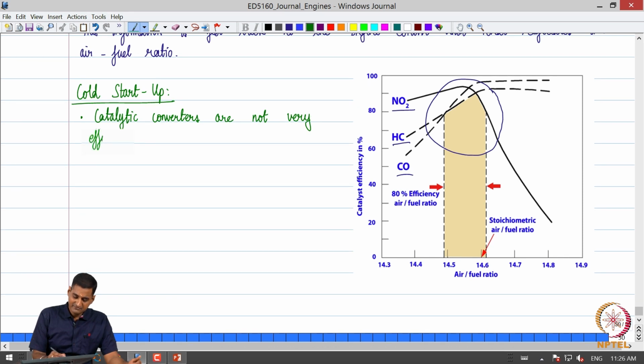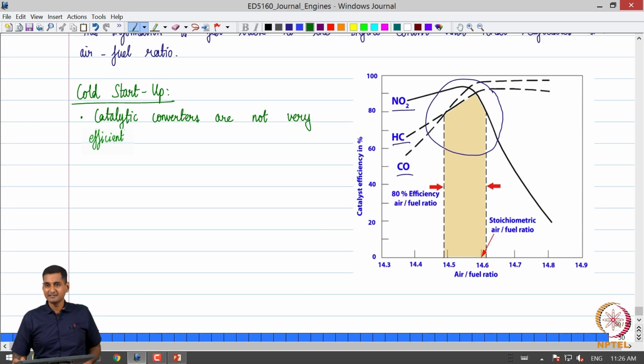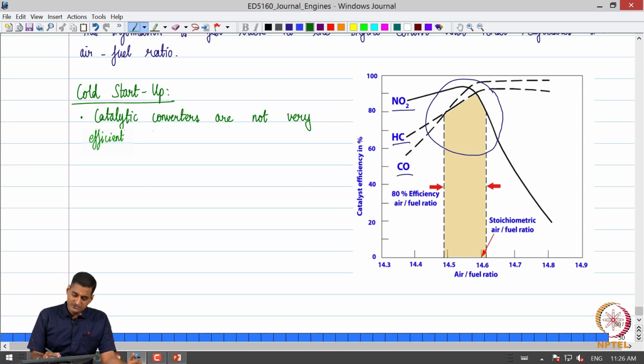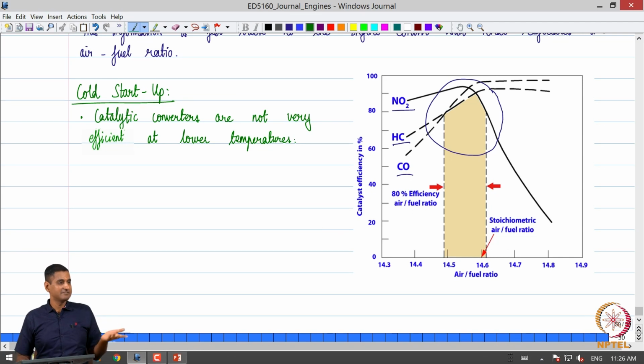Although they do not require as much temperature as a thermal converter, they need some temperature for enabling these reactions to become efficient. At very low temperatures, catalytic converters are not that efficient. For example, when we start a vehicle and start operating it, the catalytic converter may not be very efficient.